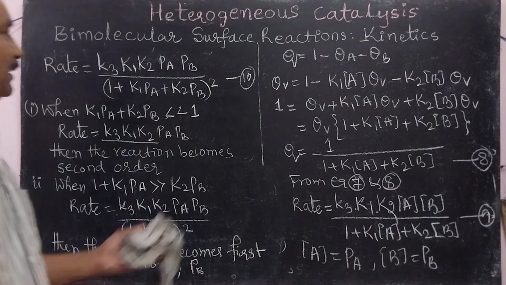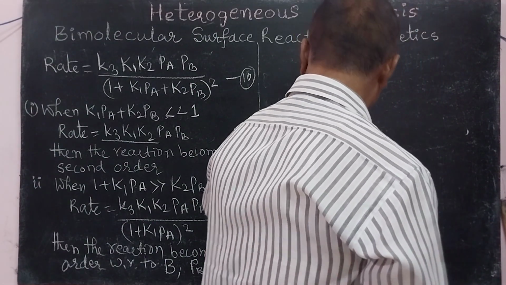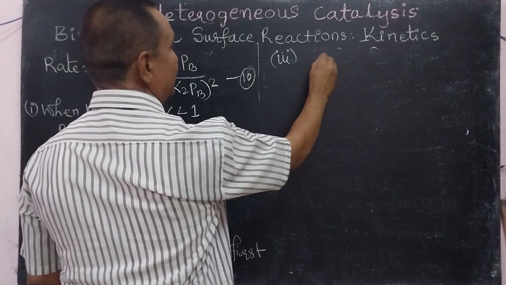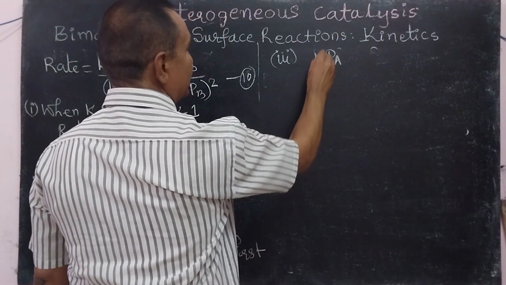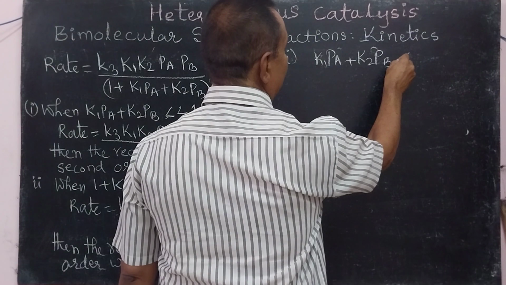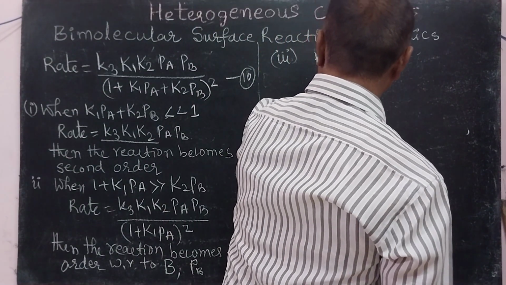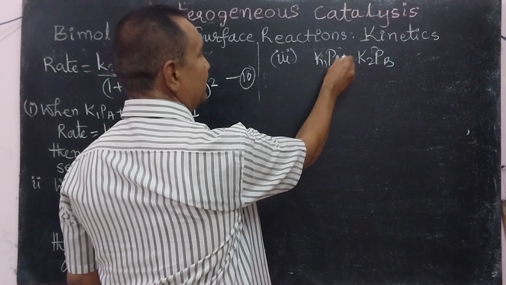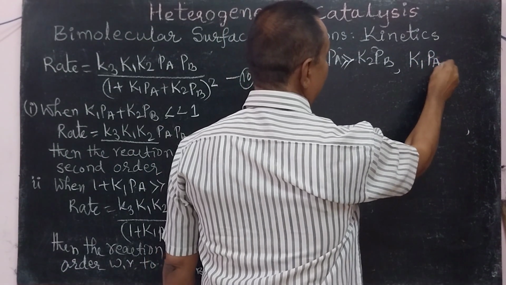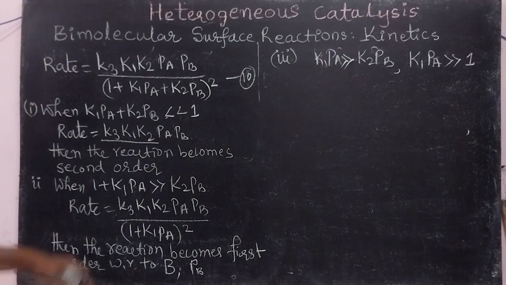Then another condition, when both are neglected. That is the third condition, such that K1 PA is larger than K2 PB, and K1 PA is larger than 1. Both the 1 and K2 PB are negligible.